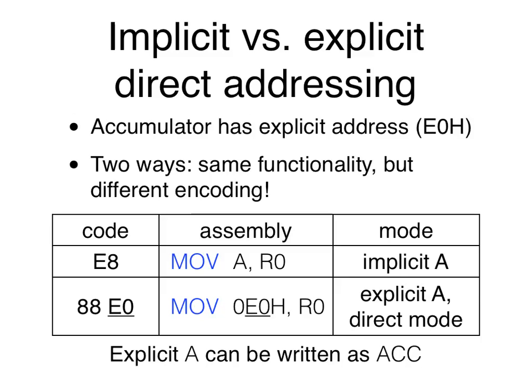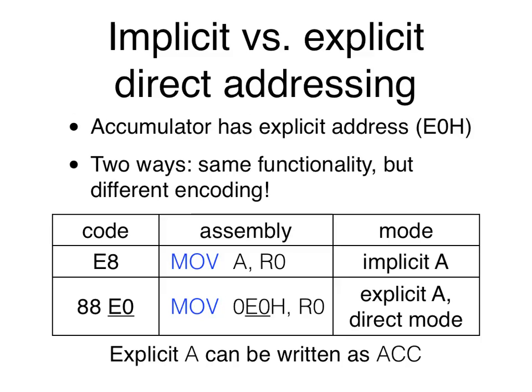And implicit versus explicit direct addressing. So, right, this we've seen already. Implicit addressing is shorter, like E8, that actually encodes move A, R0. So that instruction is in 1 byte, whereas if it's explicit addressing, then both are like move, right?